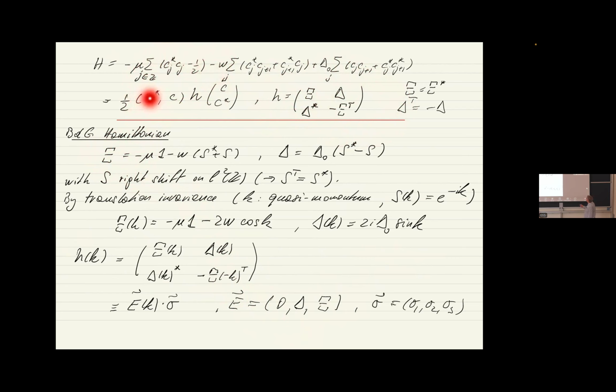So you see the C dagger C goes with this psi. The C goes with this, I guess, goes with this delta star, and the C dagger goes with the delta or something like that. But you can recognize what these things are.